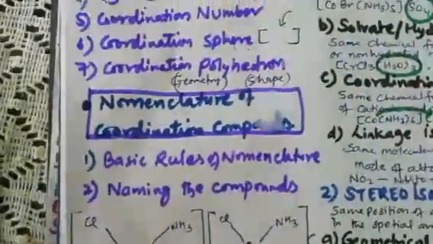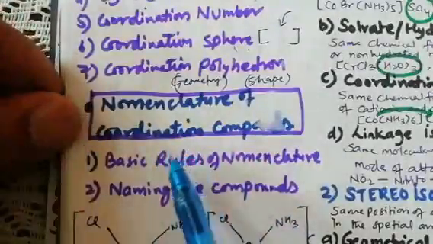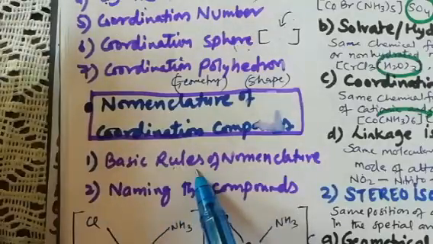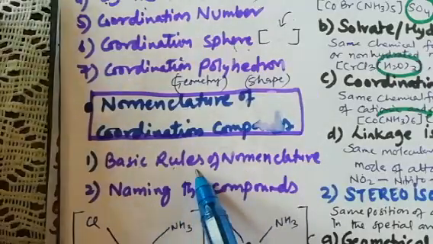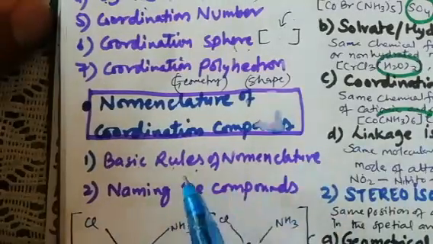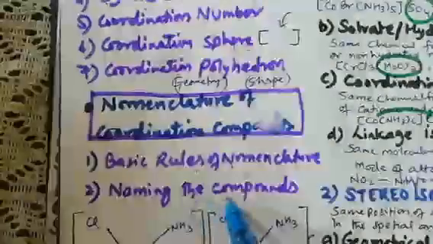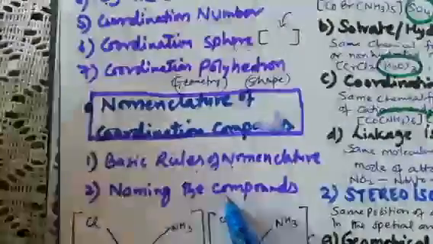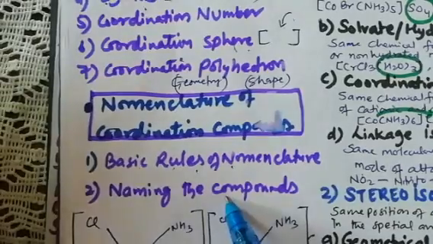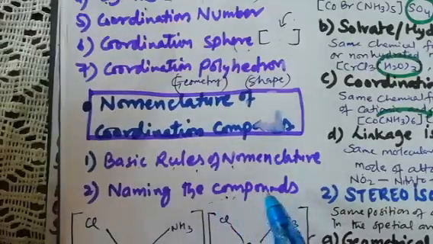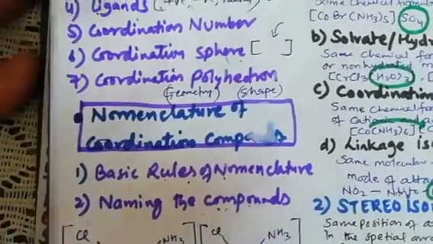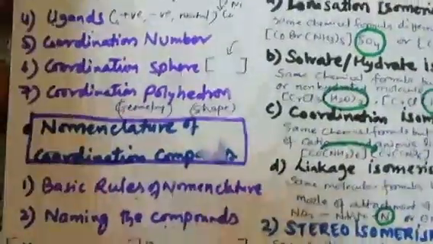After that, we started nomenclature, the basic rules of nomenclature and names of compounds, which I also told you in yesterday's live class. I took a test before this, so I hope you all understood and are able to write the names now.